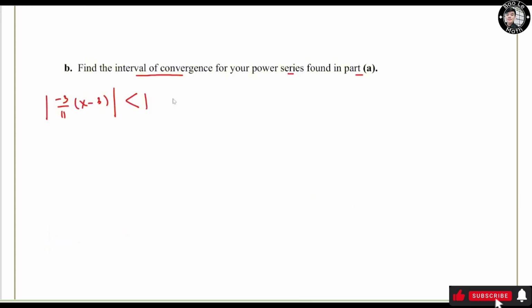This is the same thing as 3 over 11 times the absolute value of x minus 3 less than 1. Multiply both sides by 11 over 3. So I have the absolute value of x minus 3 less than 11 over 3.